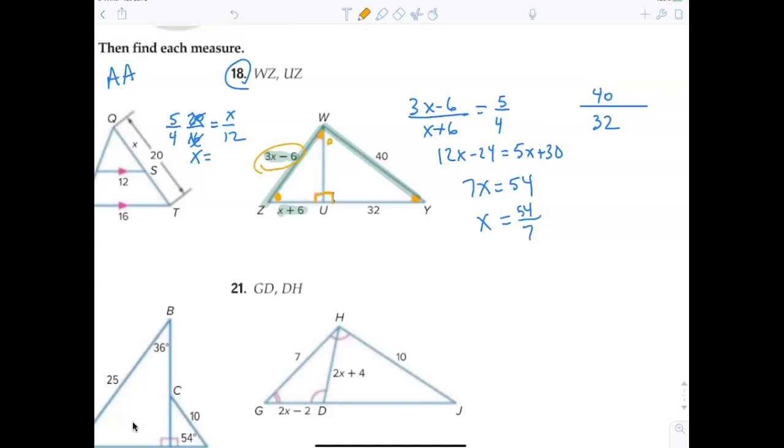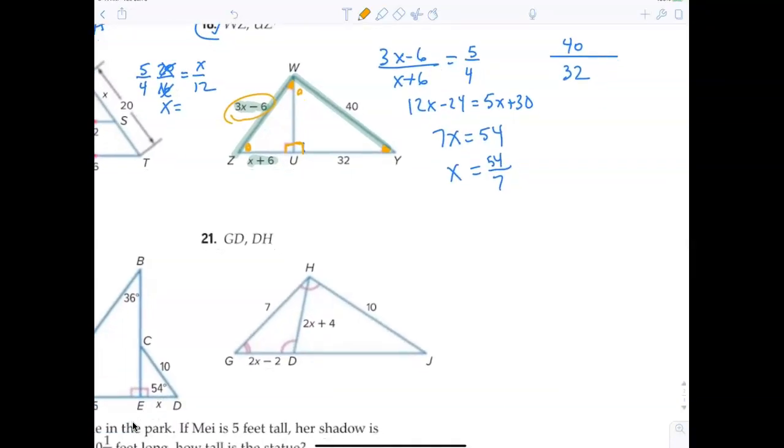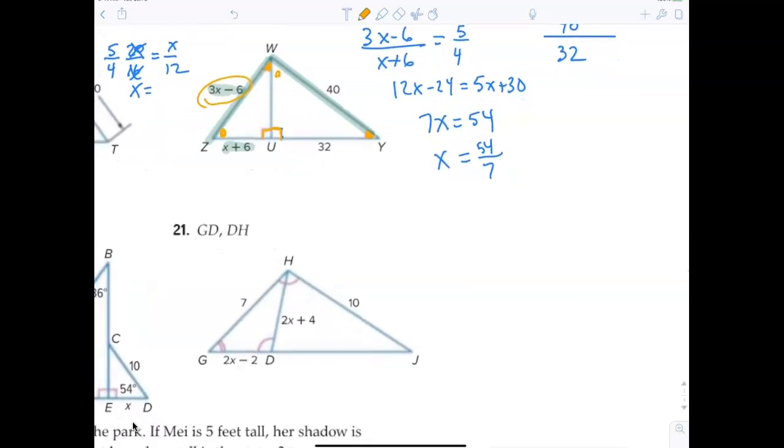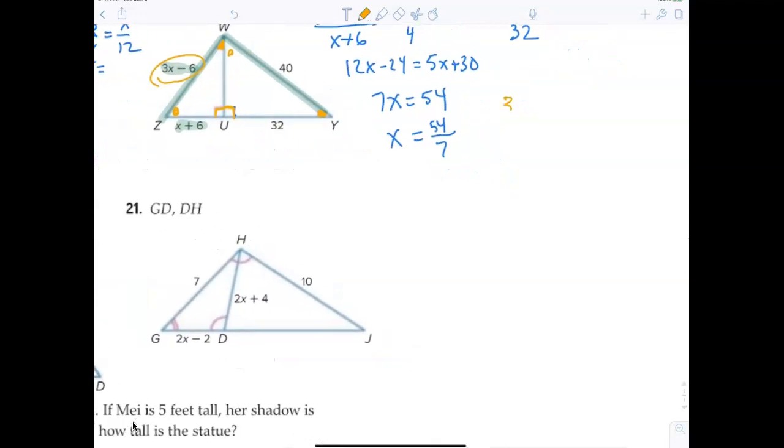WZ. All right, so here we go, guys. Our daily lesson for fractions. So I have 3 times 54 over 7 minus 6. Obviously I have to multiply by 3. I'm sure we can do 3 times 50, 3 times 4: 150 plus 12.